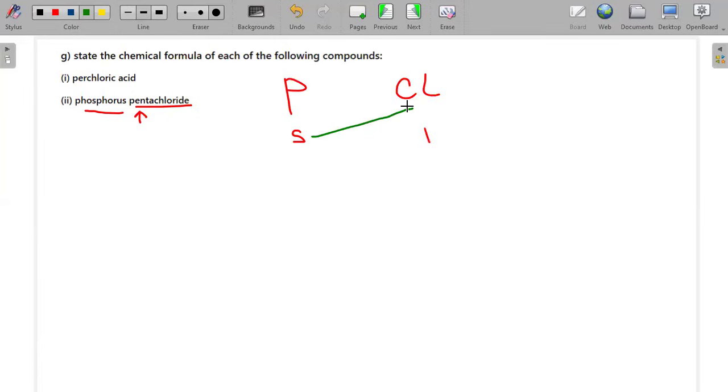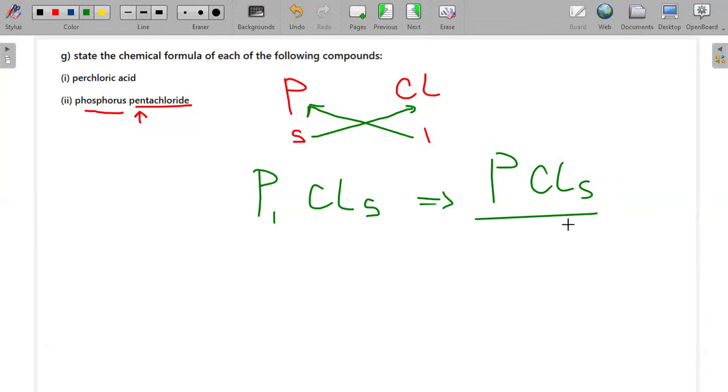The 5 goes to the chlorine, and the 1 goes to the phosphorus. So the formula will be P1Cl5, or you can write it as PCl5. You can see where the pentachloride comes from: there's a 5 on the chlorine. Any questions there, guys?